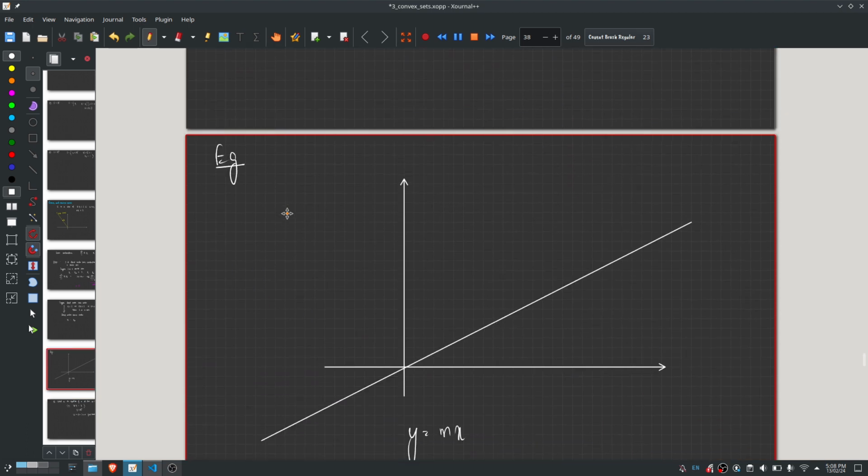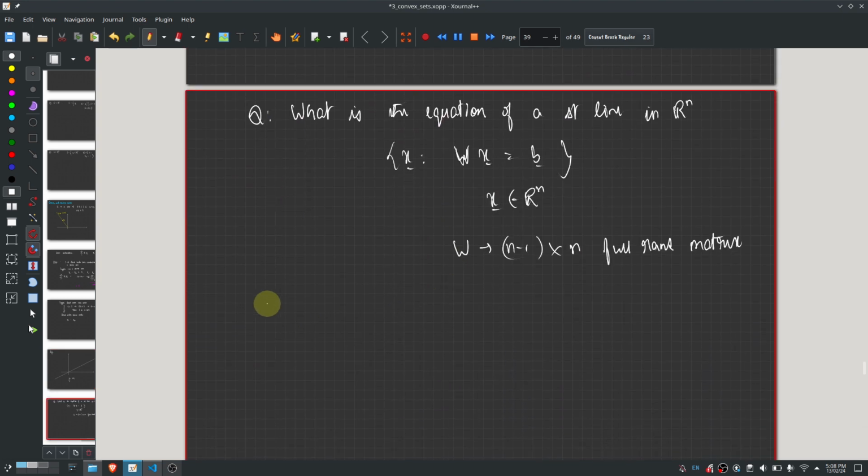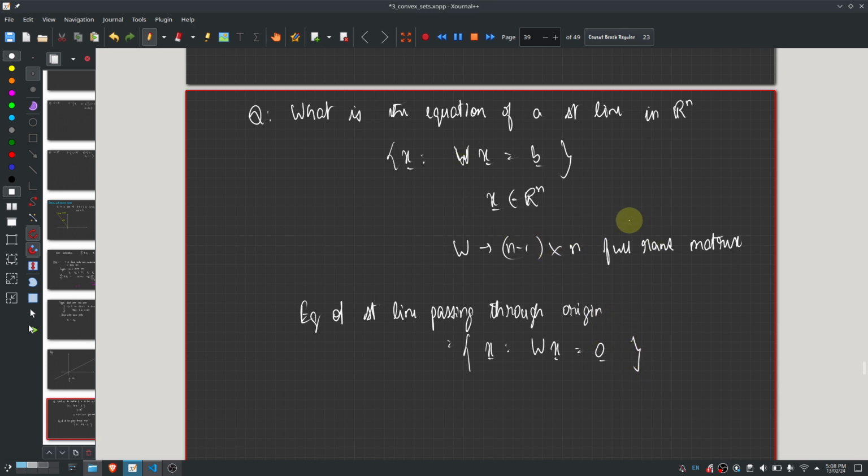So going back to my original question, the equation of a straight line passing through the origin is just the set of all x such that W times x equal to the 0 vector, where W is an n minus 1 rank matrix.